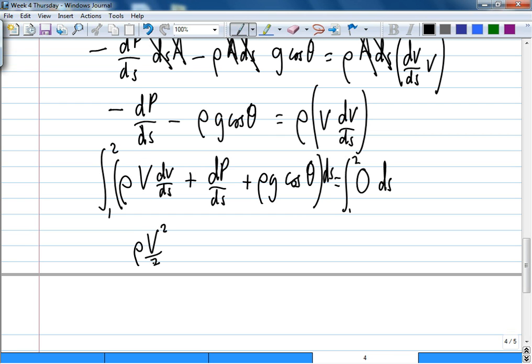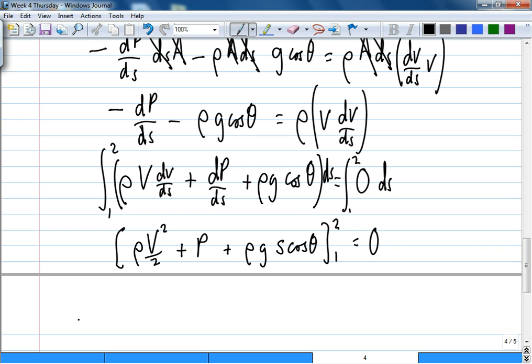The integral of dp ds becomes p. And this one you get plus rho g s cos theta, between point 2 and point 1, equals 0.